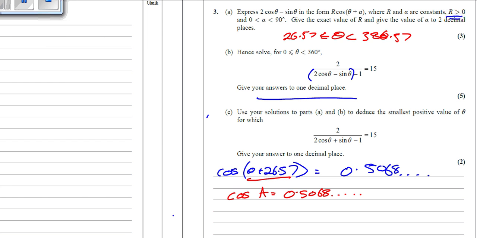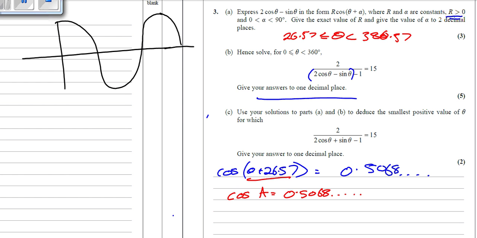And if you do that, you then sketch out the cos graph. The cos graph goes to 360. If we keep going to 450 there, you've got 90, 180, 270, 360, and we need to be at 0.5068. You've got potentially that solution, and that solution.